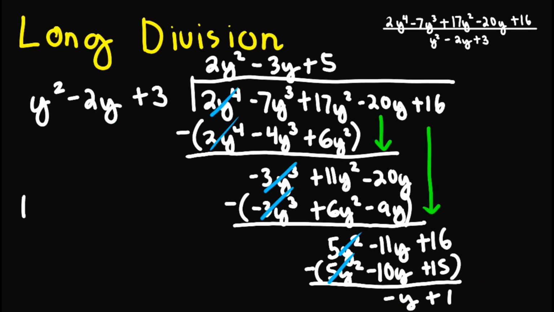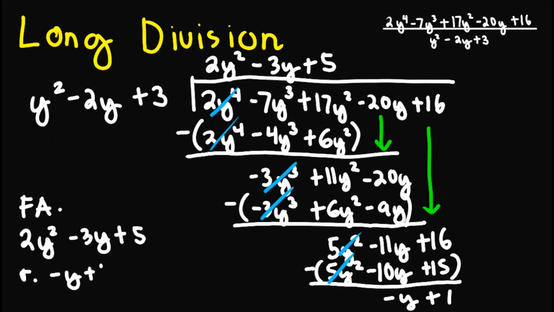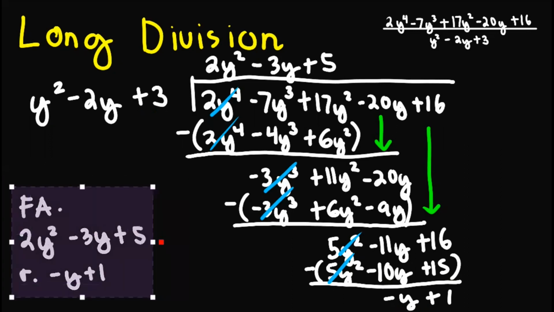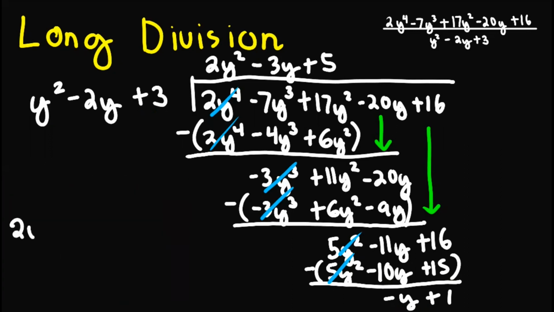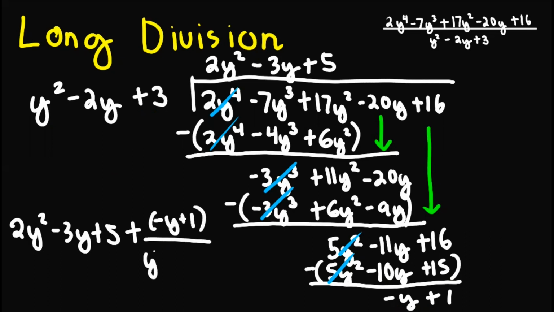And so the final answer for this one is, the quotient is 2y squared minus 3y plus 5 with the remainder of negative y plus 1. Or you could also write it like this one, 2y squared minus 3y plus 5 plus negative y plus 1 all over y squared minus 2y plus 3.